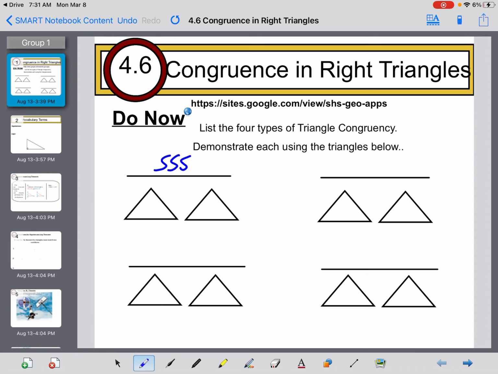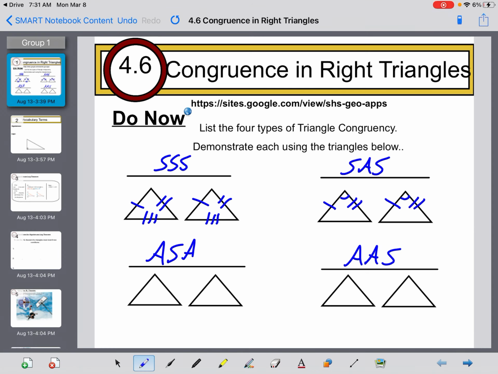Alright, the 4 types of congruency are side, side, side; side, angle, side; angle, side, angle; and angle, angle, side. Side, side, side looks like that. Side, angle, side.